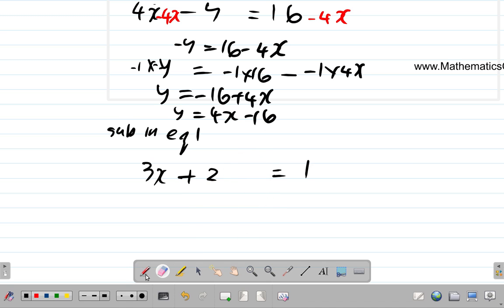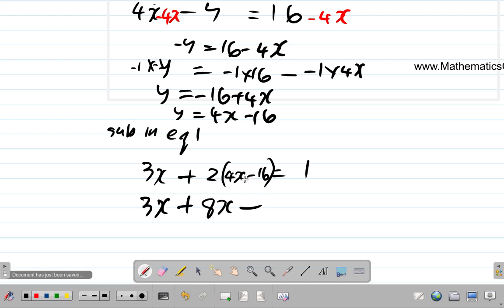So it's 3x plus 2 times the bracket 4x minus 16. You see that? So, when you multiply out the brackets, 3x plus 2 times 4 will give you 8x, minus 2 times 16 gives you 32, equals 1.